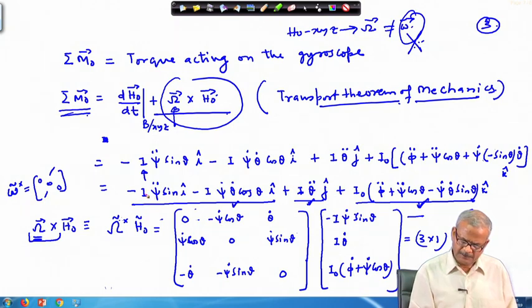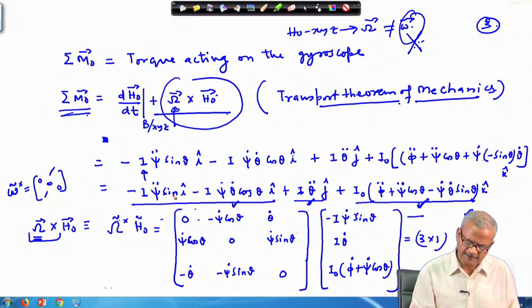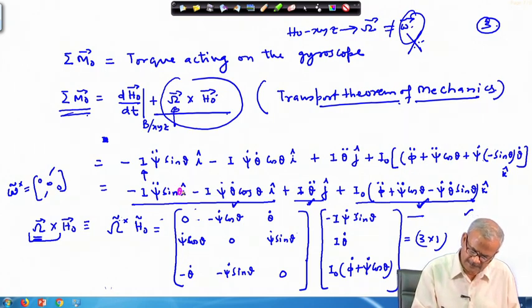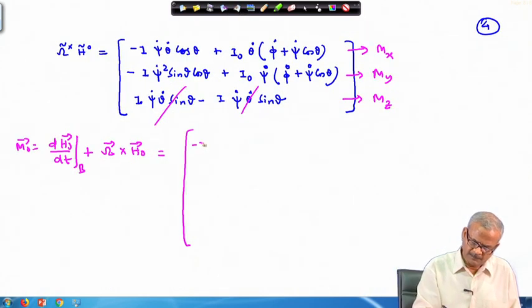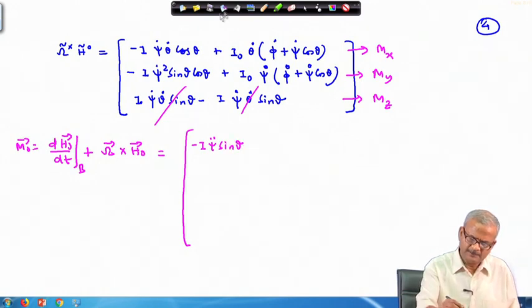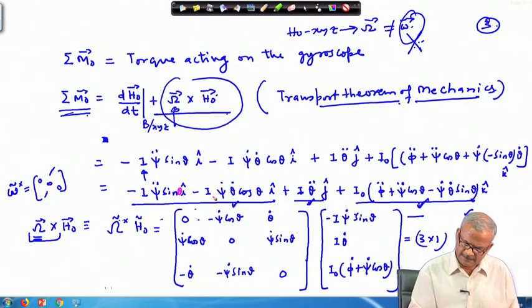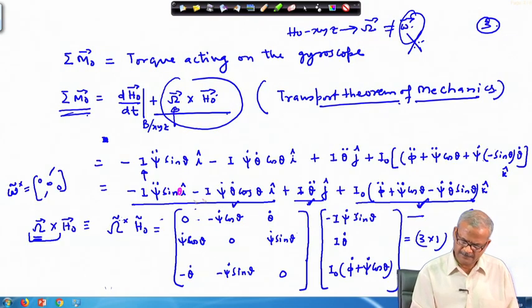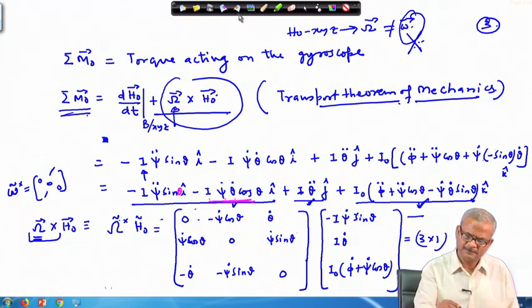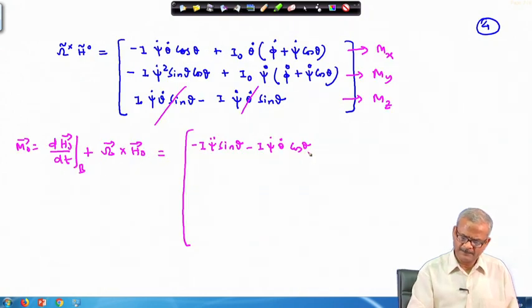So, you can see from this place minus I times psi double dot sin theta. Theta is missing here, this is sin theta. Minus I times psi double dot sin theta, and then minus I times psi dot theta dot cos theta, minus I times psi dot theta dot cos theta. This is what we have got here. Okay, this particular term I times psi dot theta dot cos theta. So, this part we have written here.